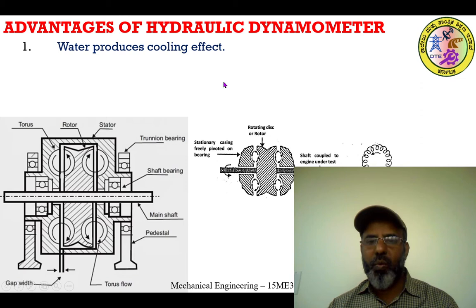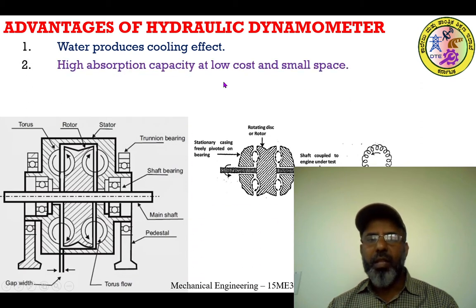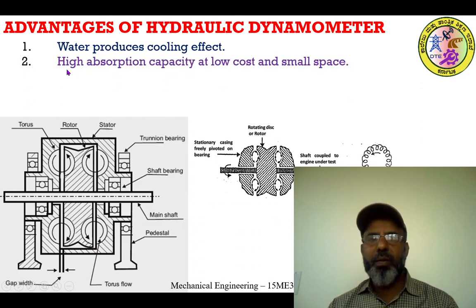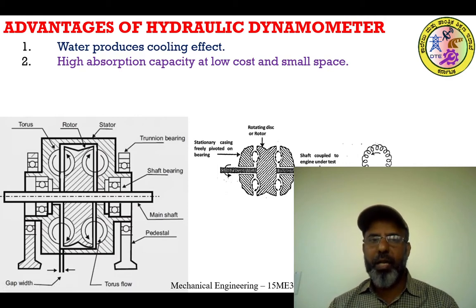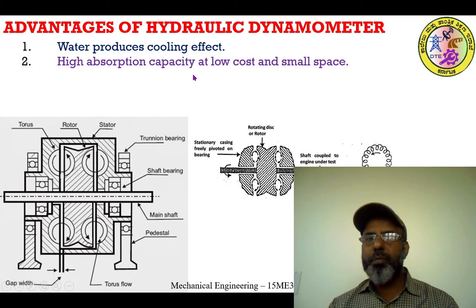This is the first advantage. Then the second advantage is that it has high absorption capacity at low cost and small space, when we compare it with the Prony-brake dynamometer.